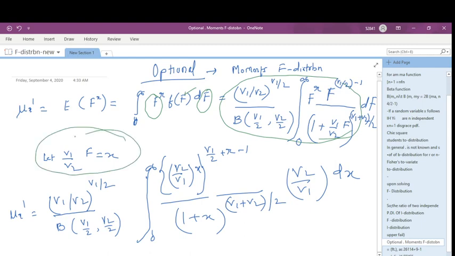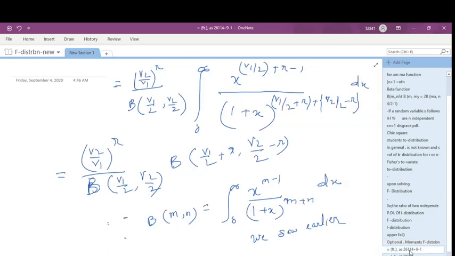Something you can try yourself, and then to reduce it in terms of x, the same equation we rewrite. When you put this in terms of x, then you do dF by dx, and you convert this into this format. The idea is to convert it into a standard beta function.